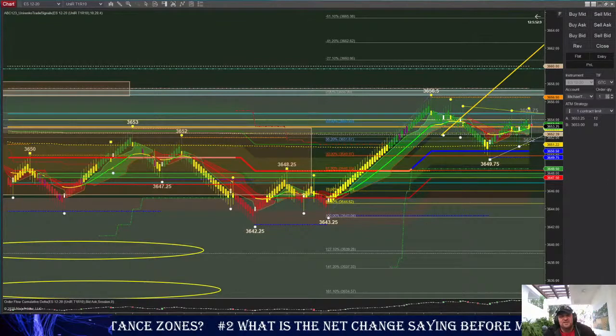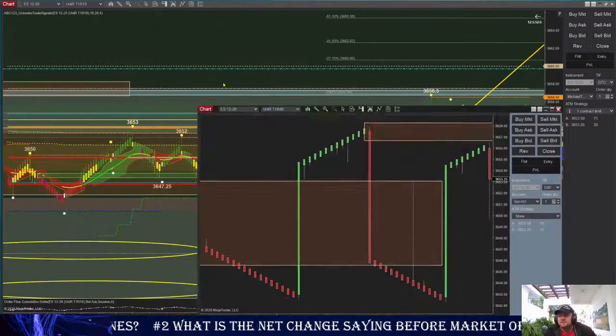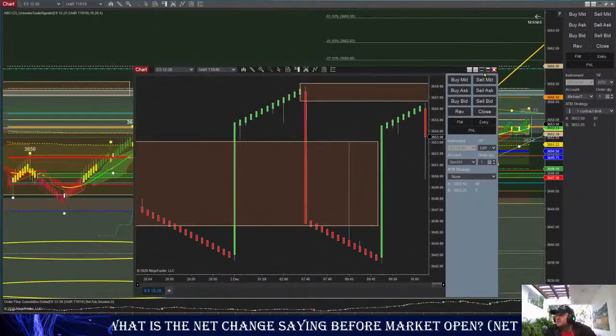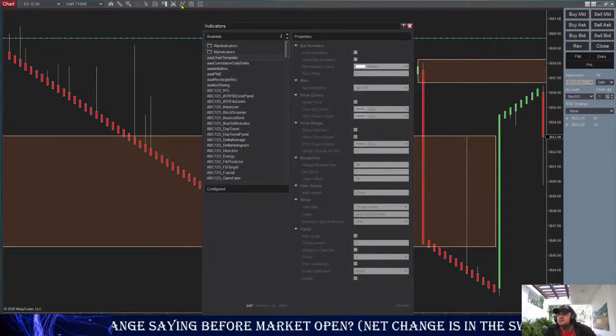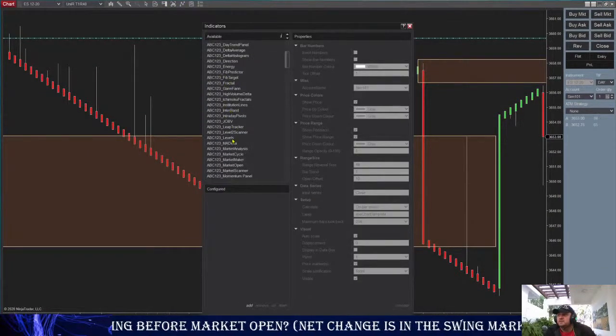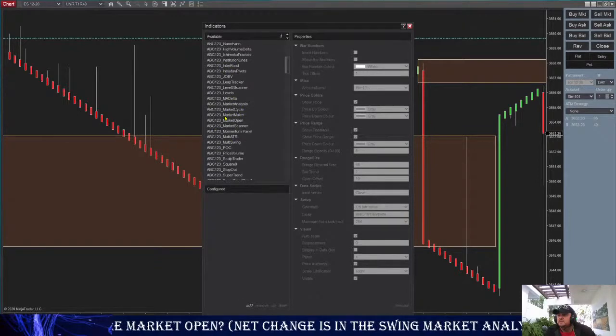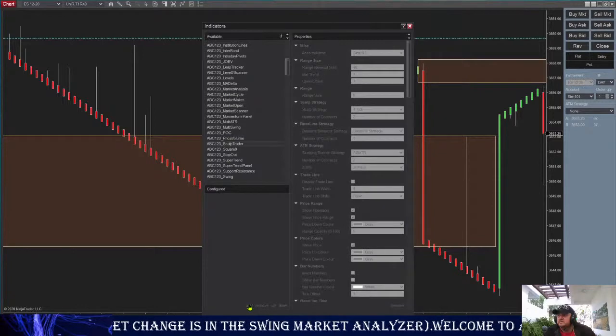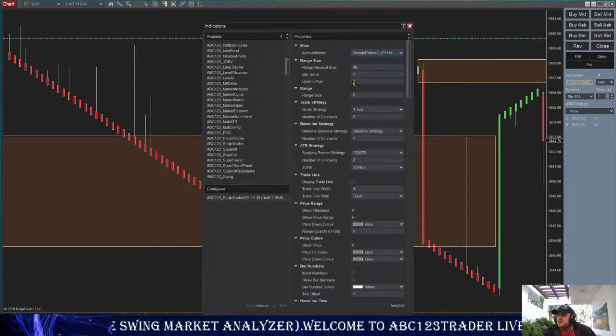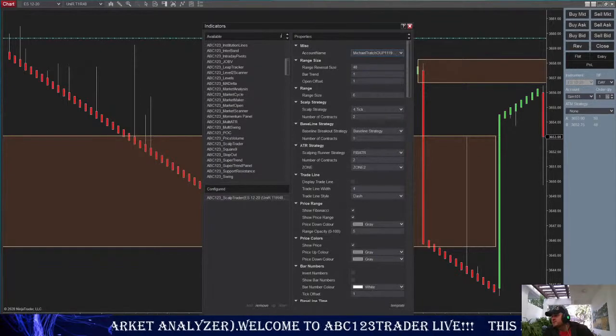Look, it's still sitting there. Unbelievable. What we can do is put on the scalp trader, and we'll find out how many contracts these dogs are doing.